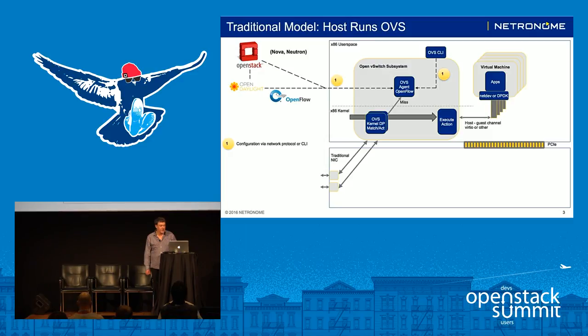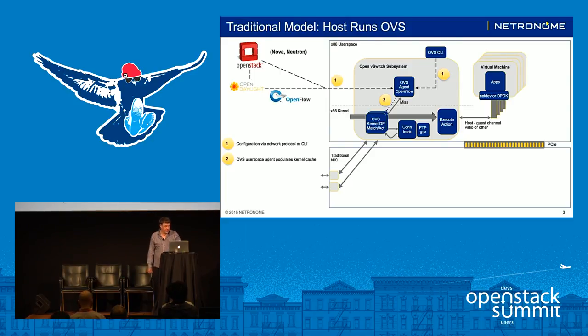A typical packet would go first to the kernel. The kernel would notice, I don't know anything about this packet, about the flow to which the packet belongs. It would send it to user mode. The user mode would then push down a flow entry into the kernel data path. And all subsequent packets of that flow would get forwarded more or less directly to the virtual machine.